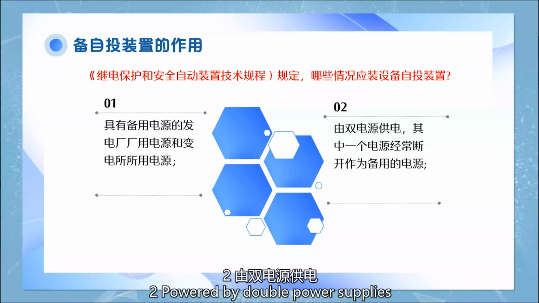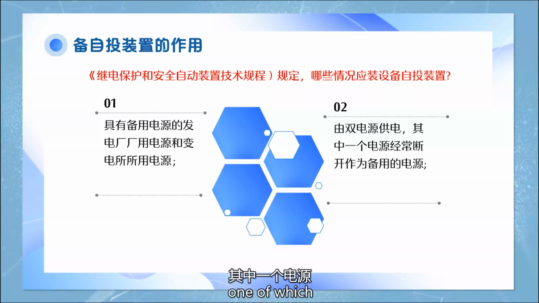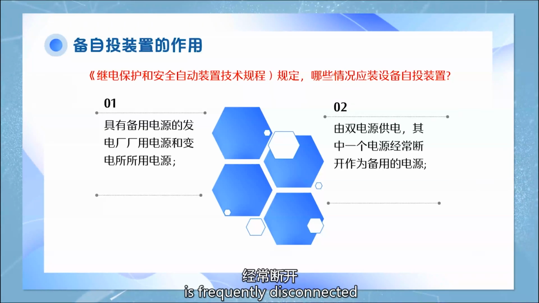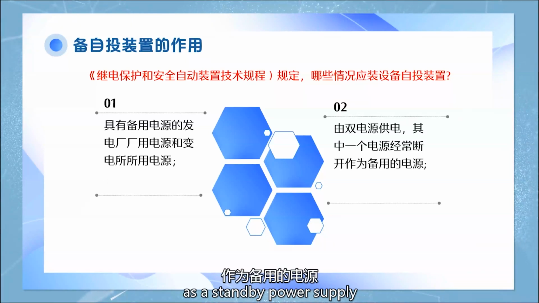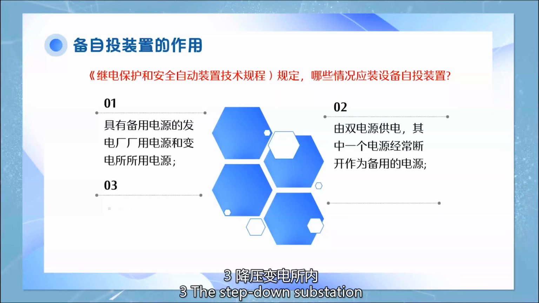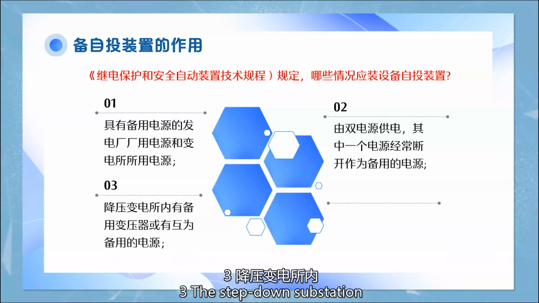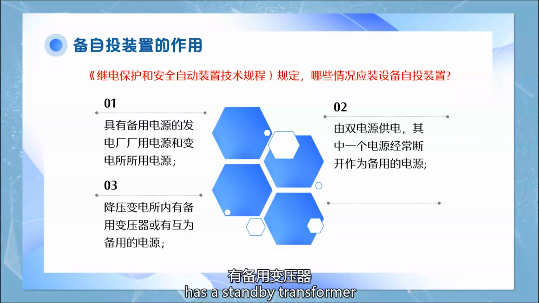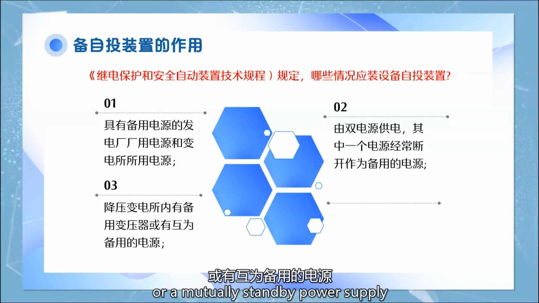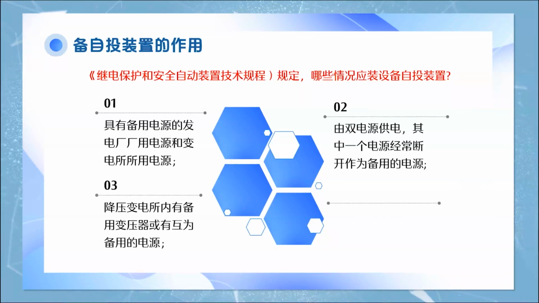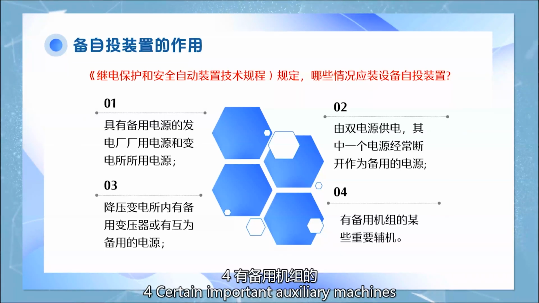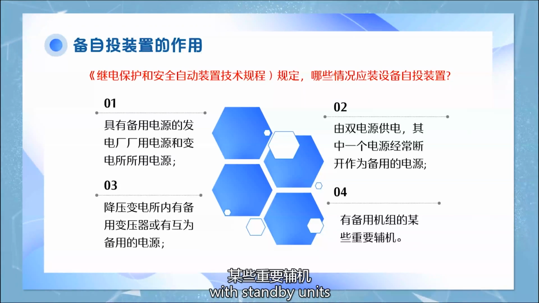Powered by double power supplies, one of which is frequently disconnected as the standby power supply. 3. The step-down substation has a standby transformer or a mutually standby power supply. 4. Certain important auxiliary machines with standby units.